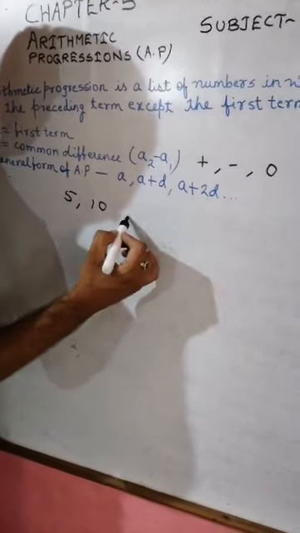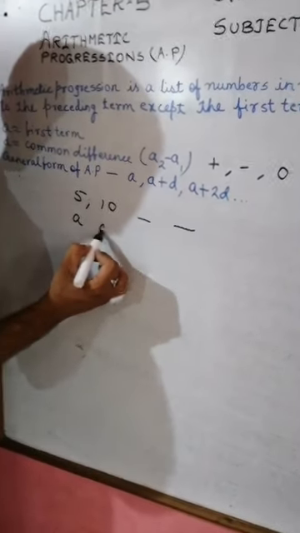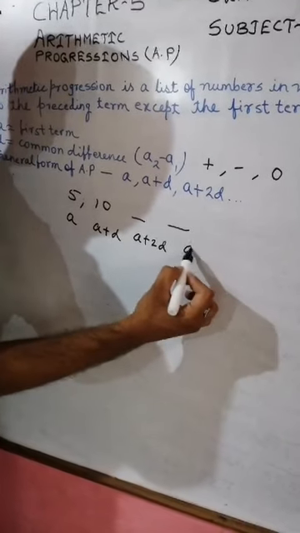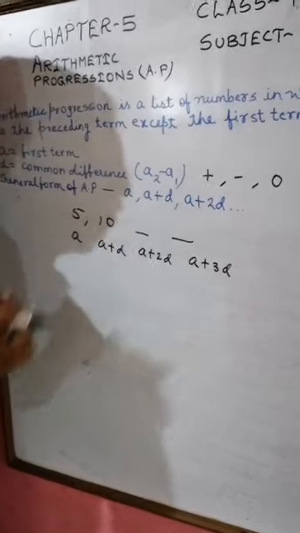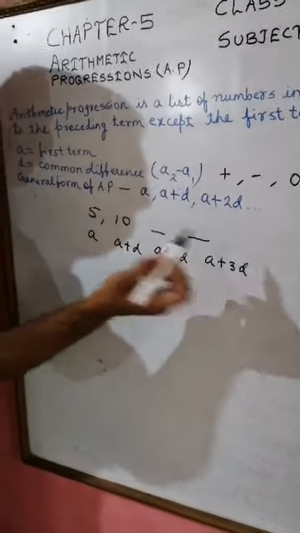So what will I do? First number will be A, second will be A plus D, next will be A plus 2D, and here A plus 3D. So I need to find A plus 2D and A plus 3D. I only have to add the common difference and we'll get the answer.